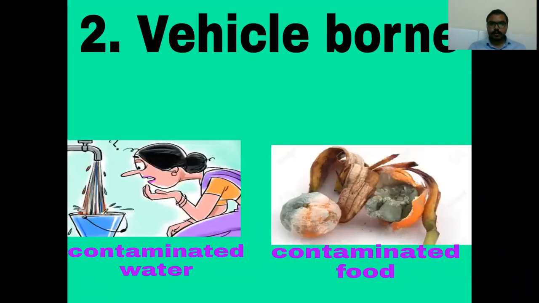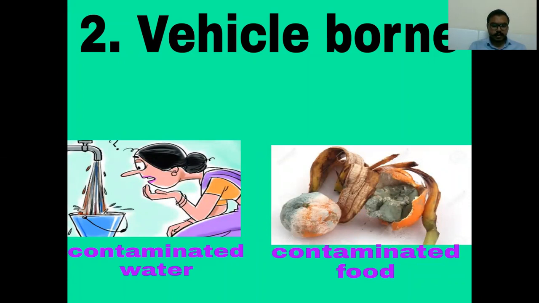Next is vehicle borne. Examples of vehicles are contaminated water, food, raw vegetables, fruits, milk, and milk products. These serve as an intermediate means by which an infectious agent is transported and introduced into a susceptible host.